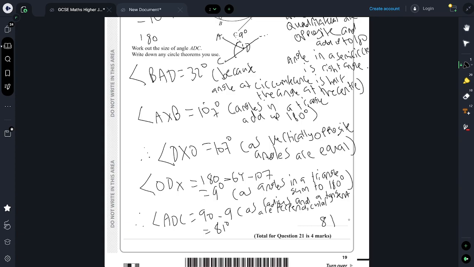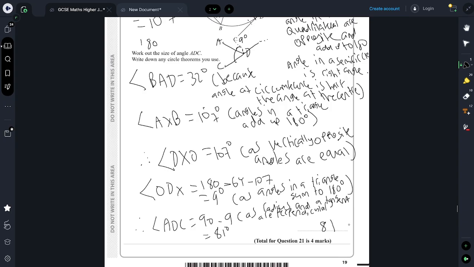The only ones you need to write down the reasons for are the circle theorems here. So the radius and tangent, and the angle at the circumference and the center. These other ones you don't need. You can just write the numbers and show your working, obviously. But these are not circle theorems. Hopefully that makes sense.